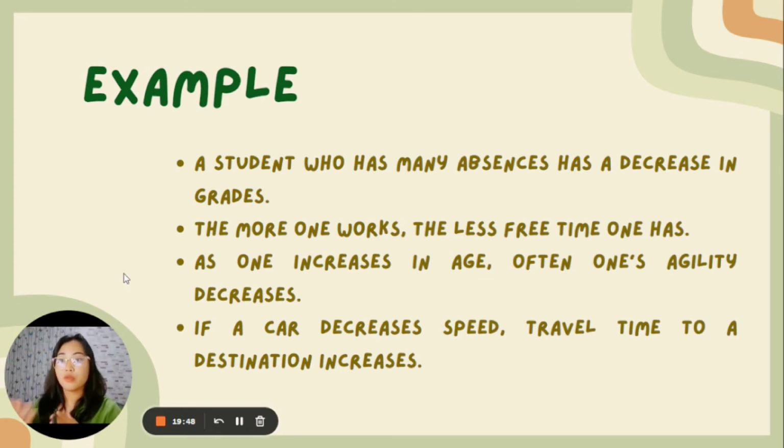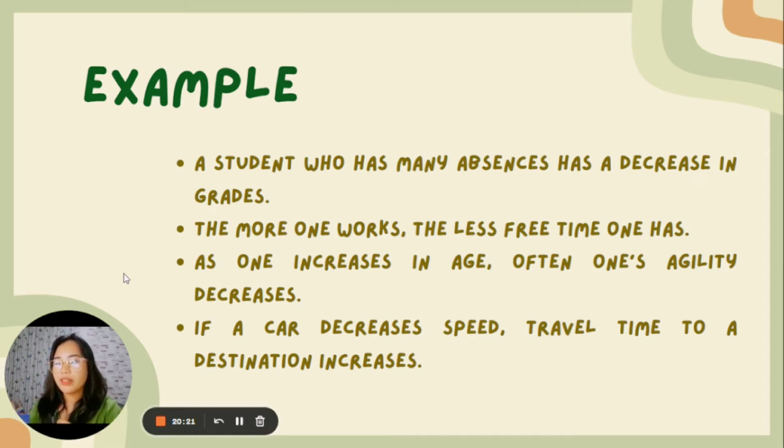Of course, if a student has many absences, then his grades will decrease. As we are discussing correlation, how they are related to each other, as the number of his absences increases, his grade will also decrease. Next example is the more one works, the less free time one has.